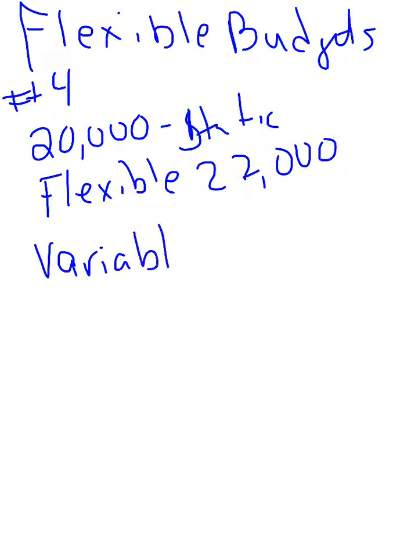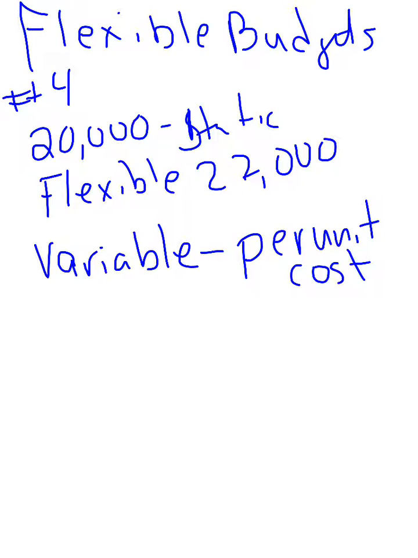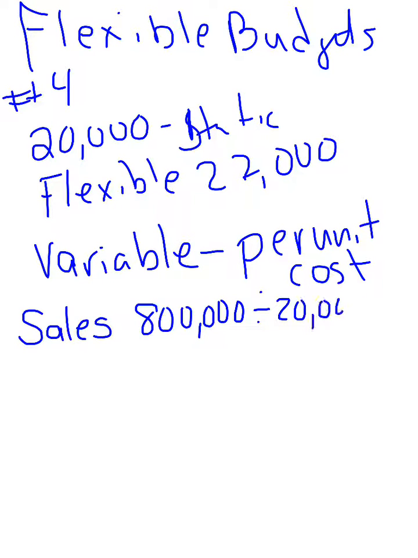So the first thing we need to do is figure out what the unit costs are going to be on this particular problem, so that we know how much we're going to budget. To figure out unit cost, we would divide all of these numbers that you see right here by the 20,000 units.